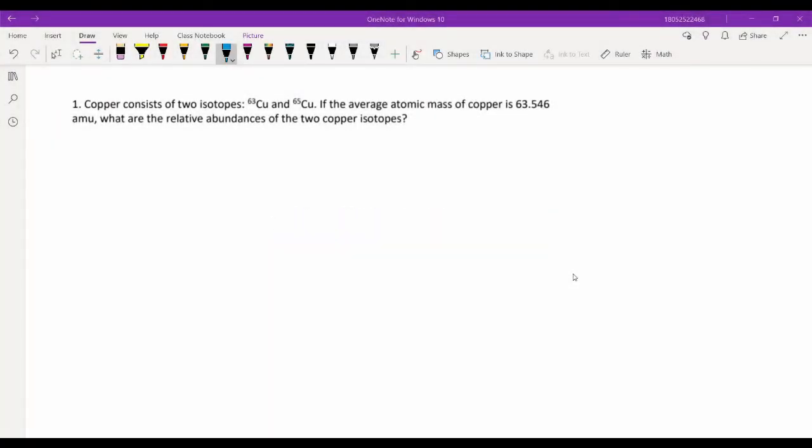This will be the first video of chapter 3, and we're going to cover isotopes, and specifically how isotopes and their masses relate to the average mass of an element, which is found on the periodic table.